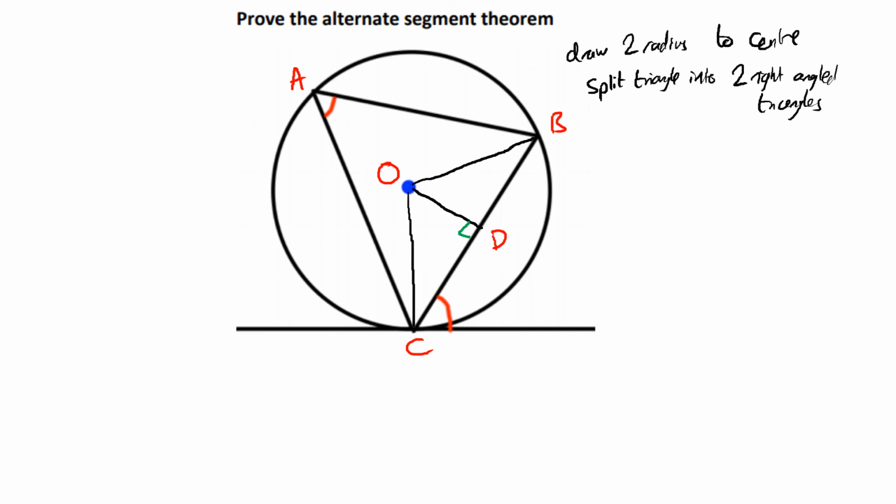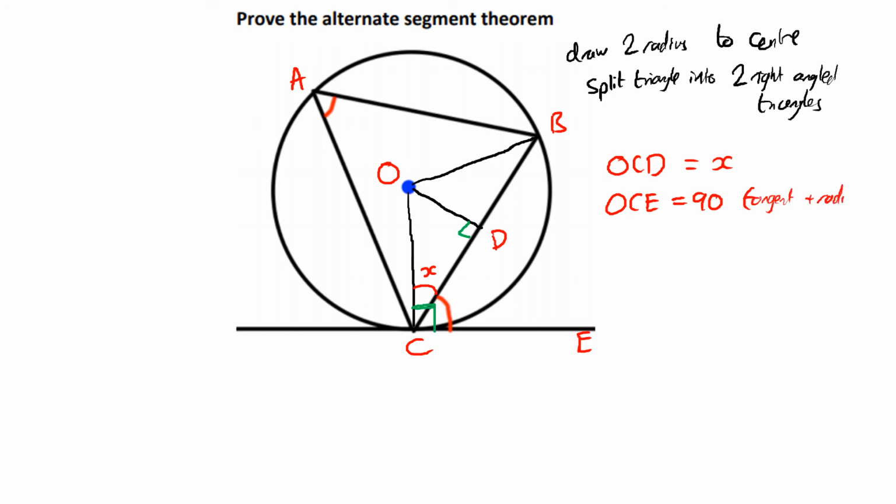Now, how we're going to actually argue this is we're going to say that OCD, that's this angle here, is equal to x. We're just going to state that. And then we also know that this is a right angle. That's OCE, I guess. So OCE is equal to 90 degrees, and that's because a tangent and a radius meet at 90 degrees.